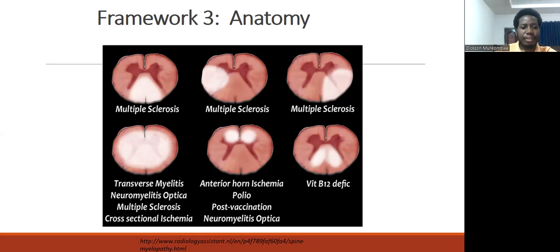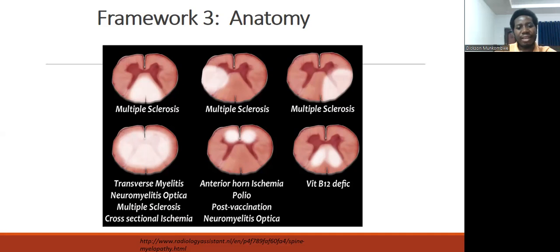Then in transverse myelitis, that's where the whole segment or most of the segment or a central lesion occurs in neuromyelitis optica. It can also occur in multiple sclerosis as well as in acute disseminated encephalomyelitis, ADEM.